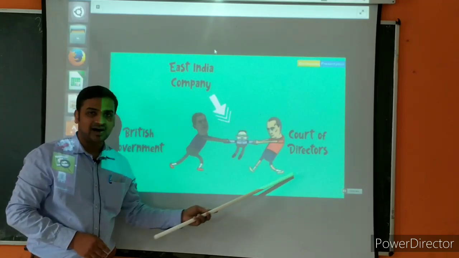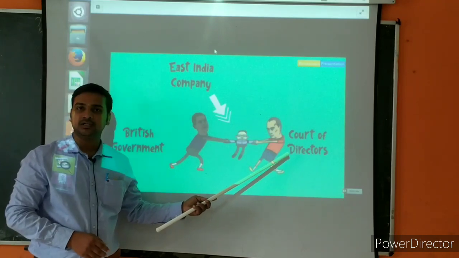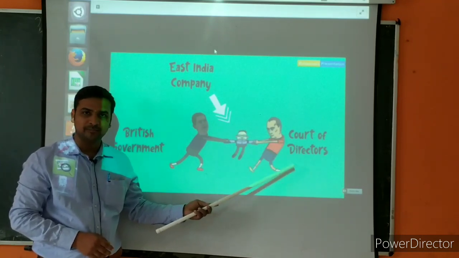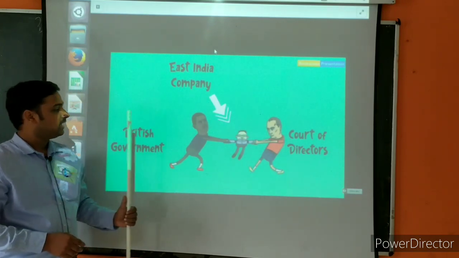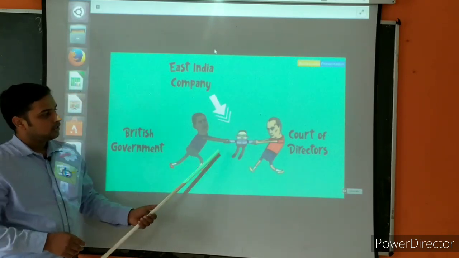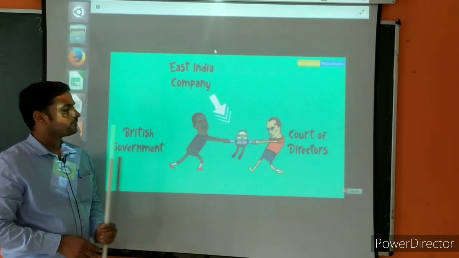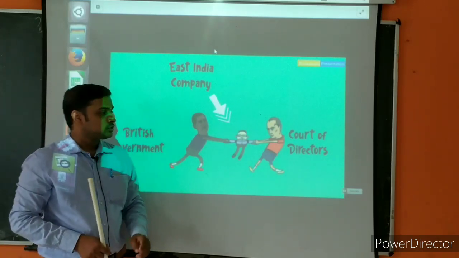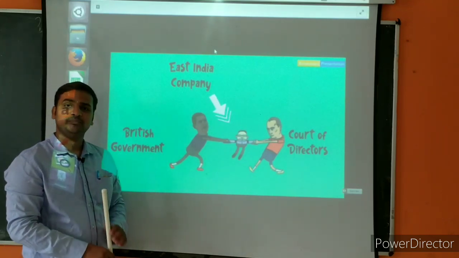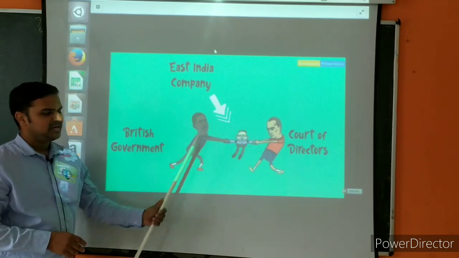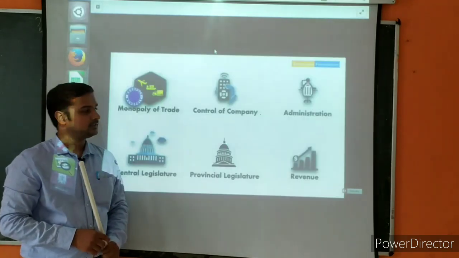In that pro forma, the Court of Directors had 24 members. So the Court of Directors and the British government were pulling the East India Company to their side. This was the main reason why William Pitt introduced Pitt's India Act in the year 1784.